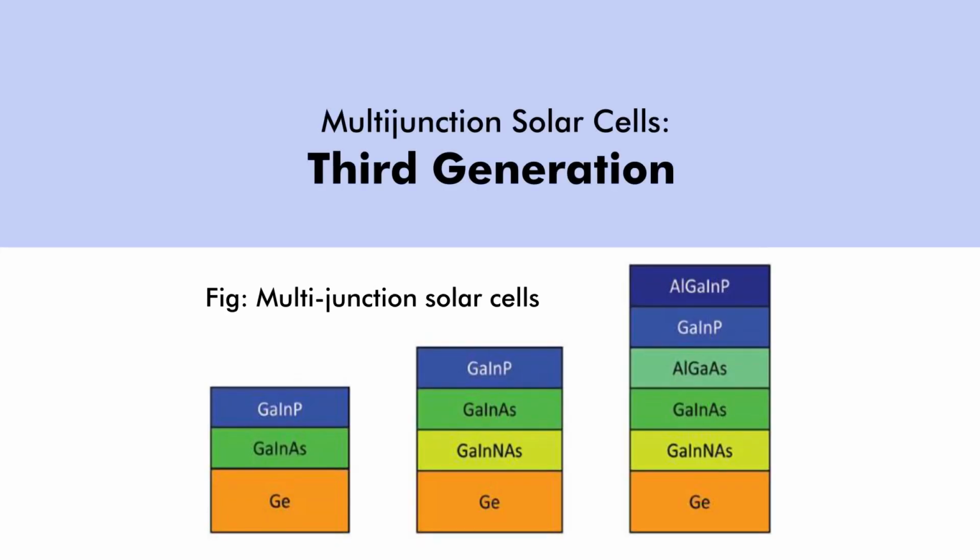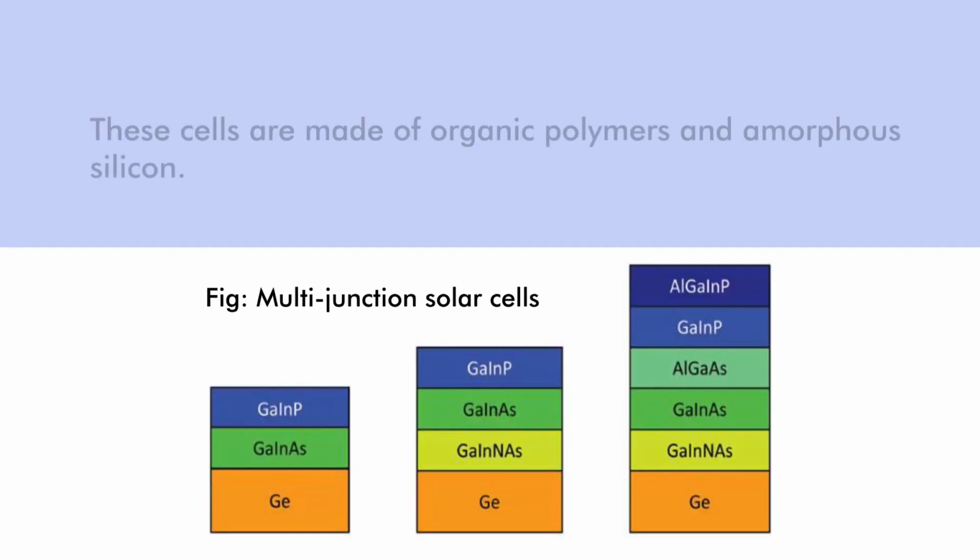Now we will discuss the multi-junction solar cell, which comes under the third generation. By combining the best features of crystalline and thin film solar cells, third generation solar cell technologies aim to improve the performance and efficiency of first and second generation solar cells. These cells are made of organic polymer and amorphous silicon.